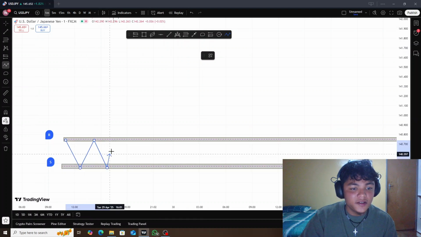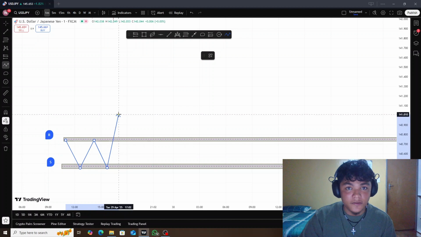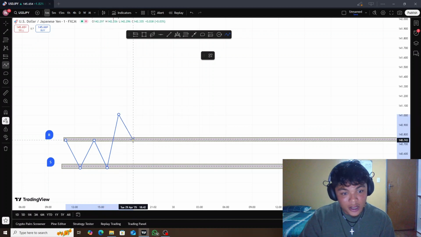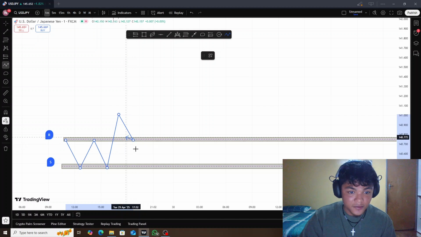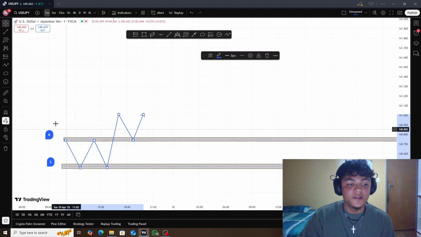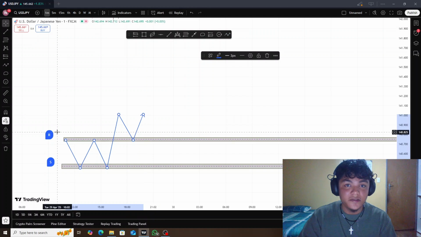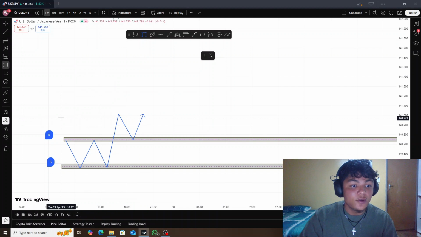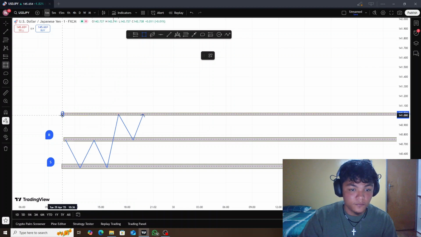and now the market decides it's going to break the resistance level, pushes through, comes back down to retest the resistance level, and as soon as it shoots up again, this won't be resistance anymore. This would become support because now we are working with two new zones.